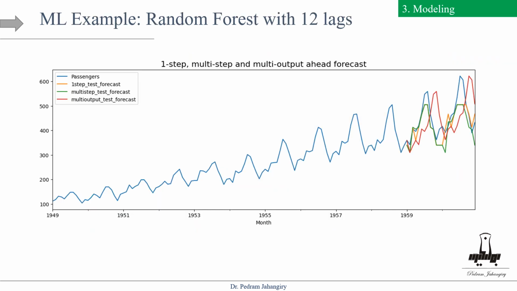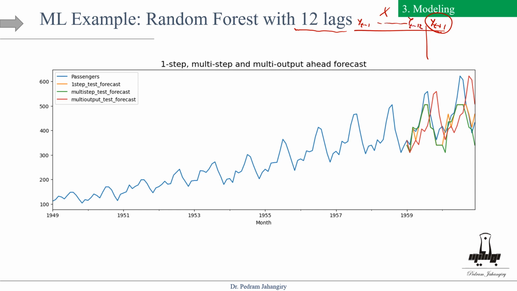For example, let's apply our random forest to the simple airline passenger data, right? And now hopefully this terminology makes more sense. When I say random forest with 12 lags, these are my x's that I'm using, right? These are the features. So for example, this is going to be my y t plus 1, that's the target, and the x is going to be y t minus 1 all the way to y t minus 12.